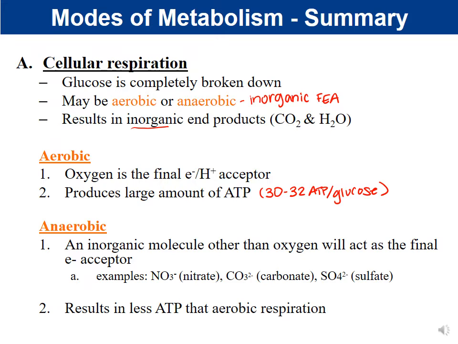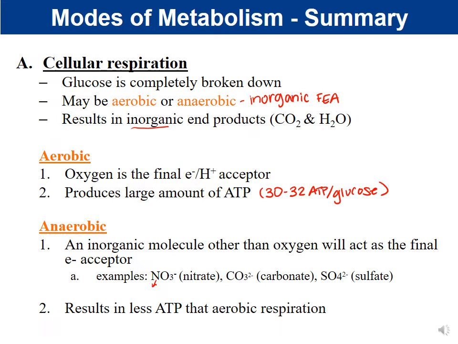In the case of anaerobic respiration, we use an inorganic molecule other than oxygen to serve as our final electron acceptor. And so there are three main types of anaerobic respiration. So nitrate, you might recall when we did our lab and we did our nitrate reduction. What does nitrate get reduced to? Remember, if it's reduced, it means that it gains electrons.